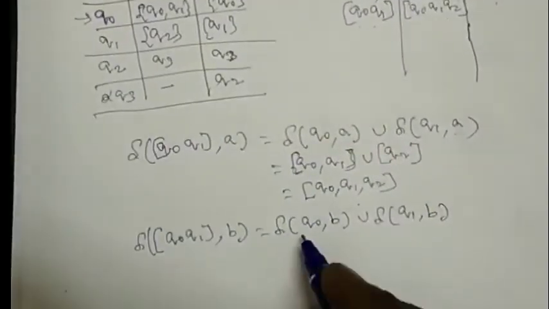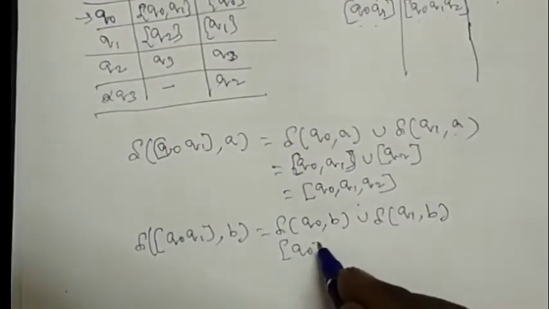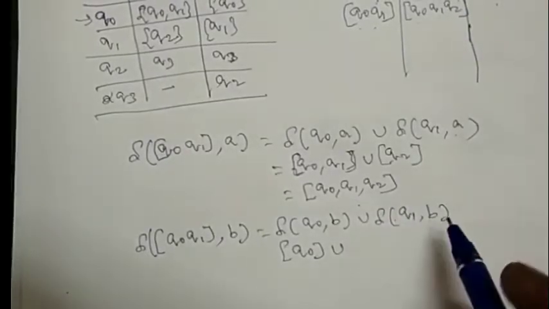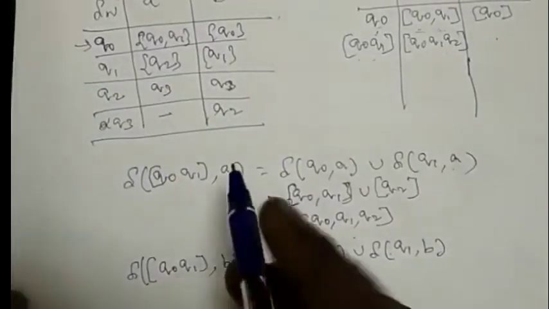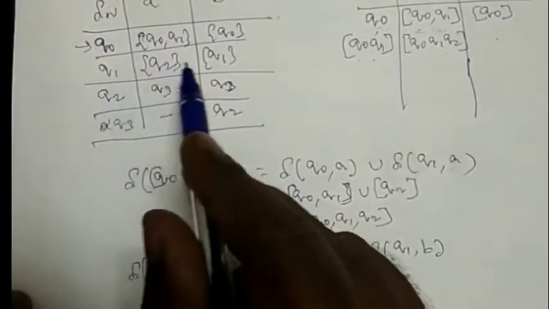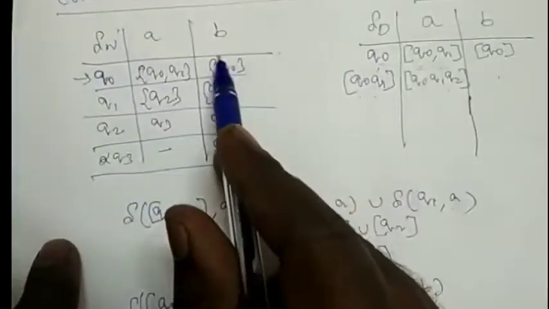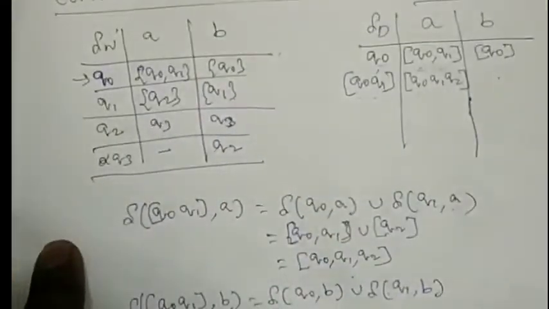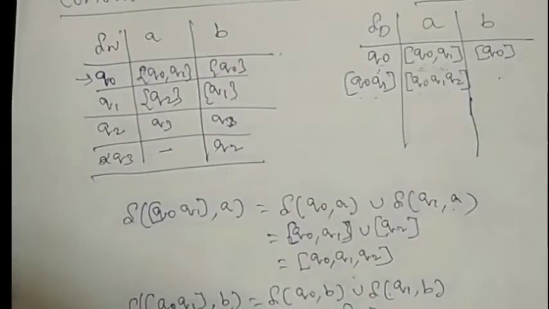So I write Q0 union. In Q1, if I apply B, where does it go? I see the NFA table: in Q1, when I apply B, it goes to Q1 itself.